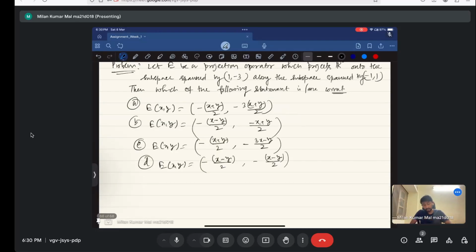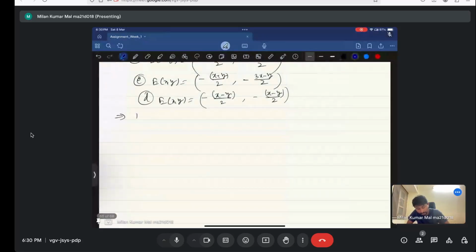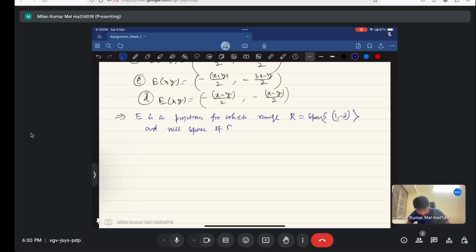Here, E is a projection for which the range R equals the span of (1, -3), and the null space is spanned by (-1, 1).